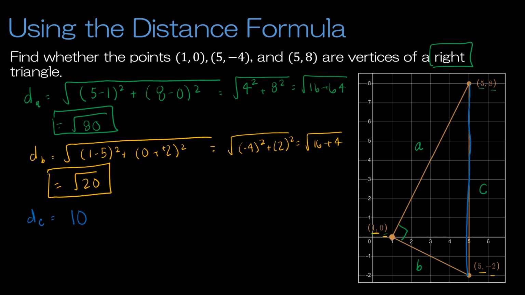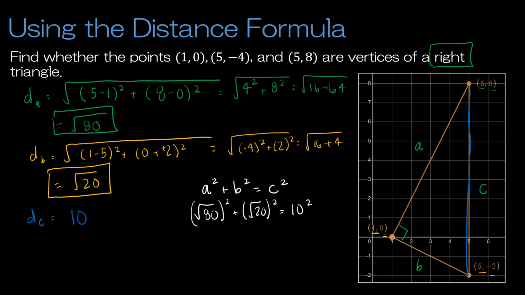So now the question says, are these vertices of a right triangle? If it's a right triangle, it will work with the Pythagorean theorem. A squared plus B squared equals C squared. So A, we decided, was radical 80. So I'm taking radical 80 squared. B was radical 20 squared, and C was 10, so 10 squared.